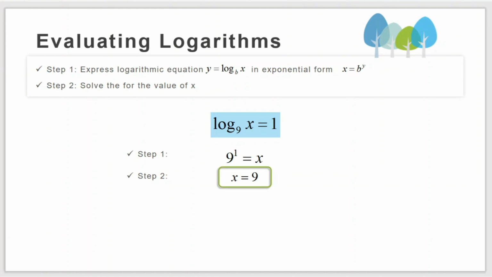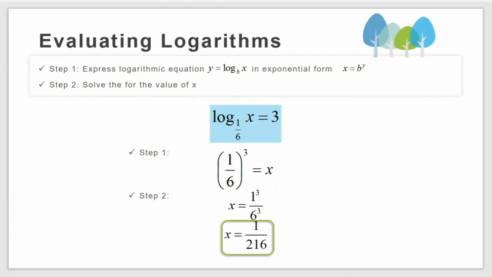Okay, another example for x is 3 equals the logarithm of x to the base 1 over 6. So, okay, wag mataranta kung may makita kayong fraction. Sundan lang yung ating steps. So, we express it into exponential form.